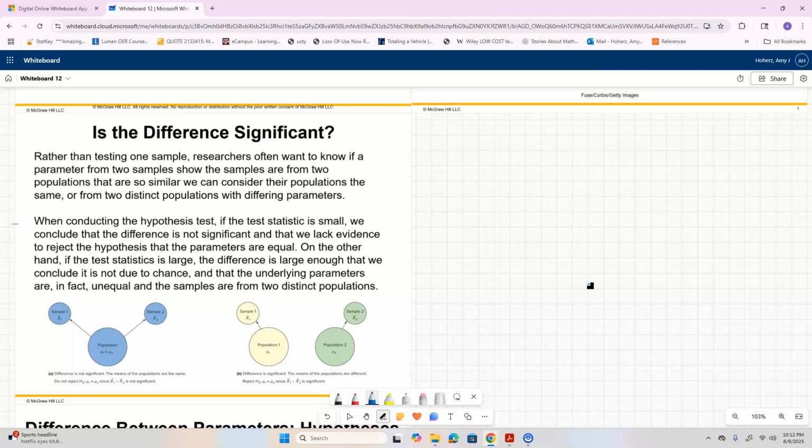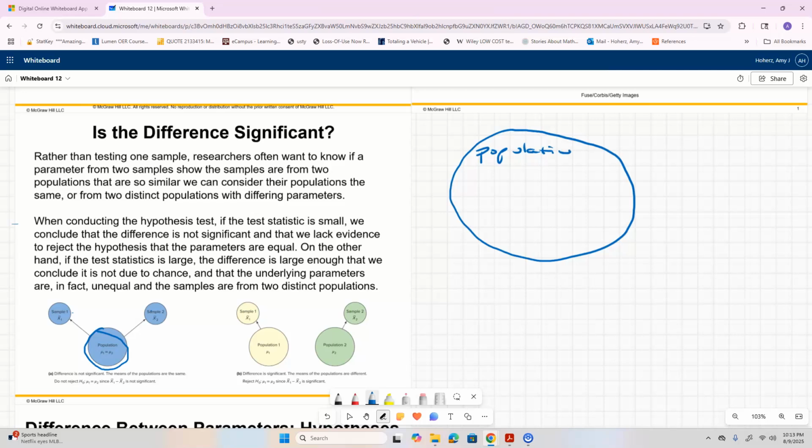So, for instance, this image kind of helps. If we get done with our hypothesis testing and we find that the two samples are pretty similar, then we say, oh, those two samples were out of the same population. Let me draw it a little bit differently. So here's our population.